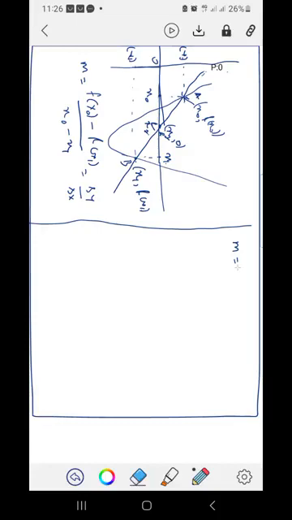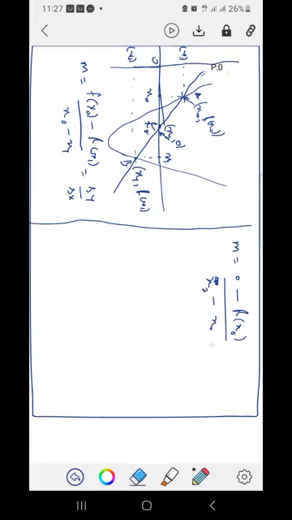A straight line has the same gradient all through, so m equals, this time f(x2) is 0, so 0 minus f(x naught) over x2 minus x naught.